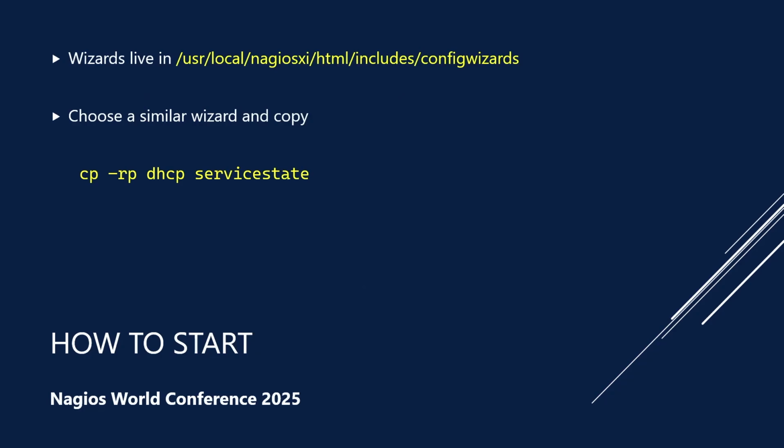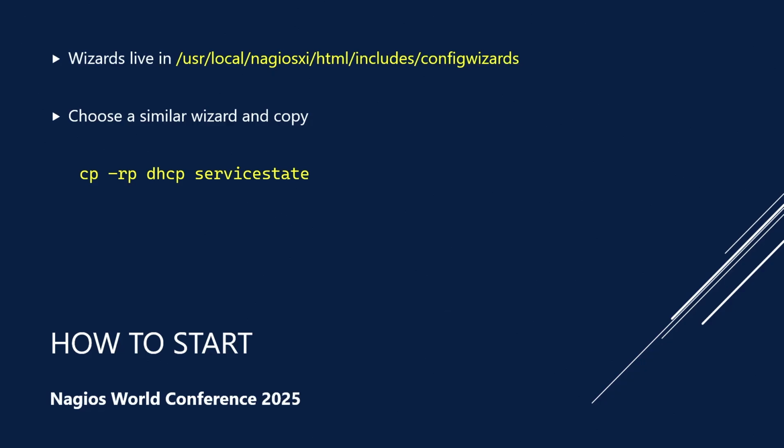So all the wizards live under your Nagios XI directory, so user local Nagios XI, and then they're under HTML includes config wizards. So the basic way we've always had people start, including developers here, is you take a wizard that's maybe similar to what you want to create, has same number of fields on the first page or something like that, and you make a copy of it.